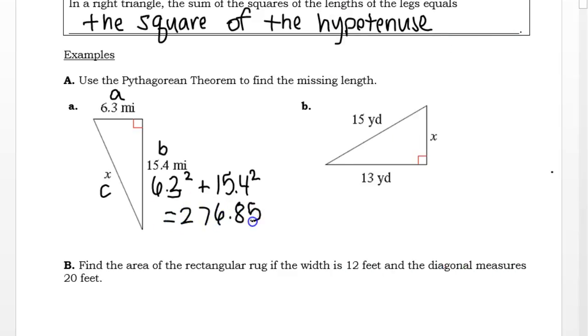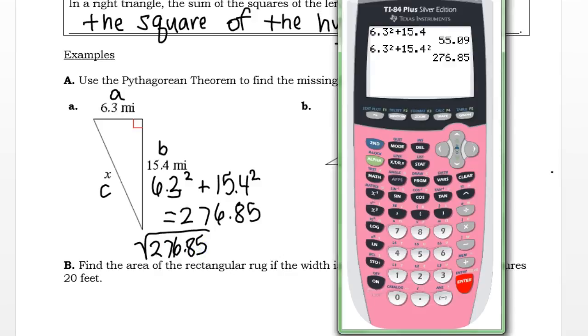Now that is not my final answer. I have A of 6, B of 15, C is not going to be nearly 300. What this gives me is C squared. So if I want my answer of C, I need to square root the value that I just found. On this calculator to square root, we do second, and it's the same button as the x squared button. That's my square root. And the answer is 16.6.